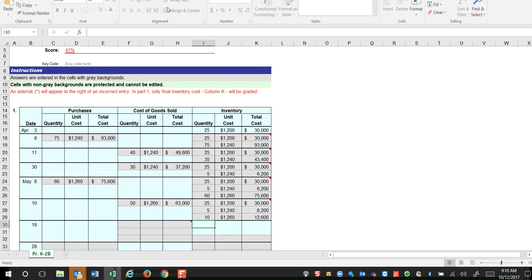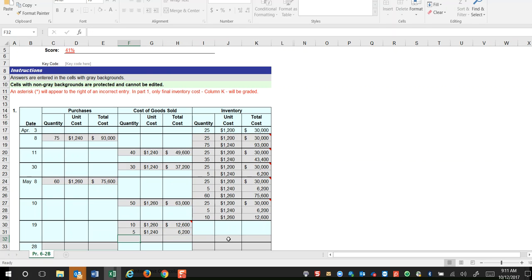Now it's going to get a little trickier because you can see that on the 19th, I sell 20. Things are going to get a little bit messier. With the last in, first out method, I'm going to take these 10 because those were the last 10 that came in at 1,260. I've got 12,600 there. Then I'm going to take those 5 times 1,240, and that gave me 6,200.